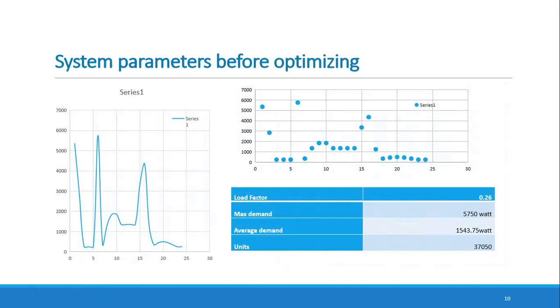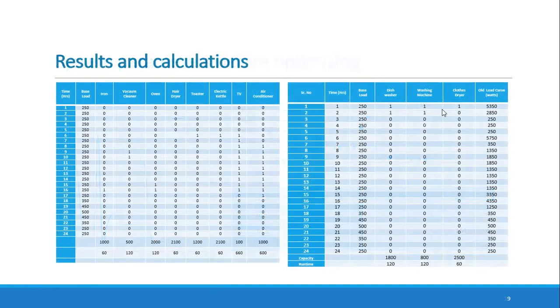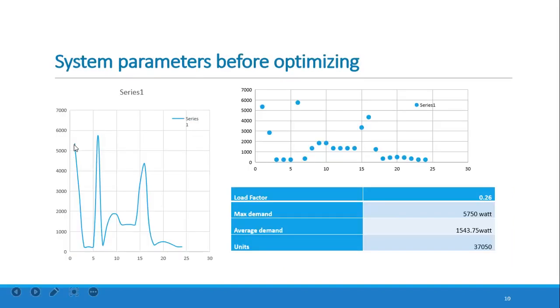Using any simulator, you can draw the graph of our 24-hour load curve. As you can see, at the first hour we have around 5,000 something. In the previous slide, we showed that 5,350 is the power at the first hour of the day. Then it reduces down to around 500 or 200, and then it goes up again. It reaches the maximum point at which our load is being consumed.